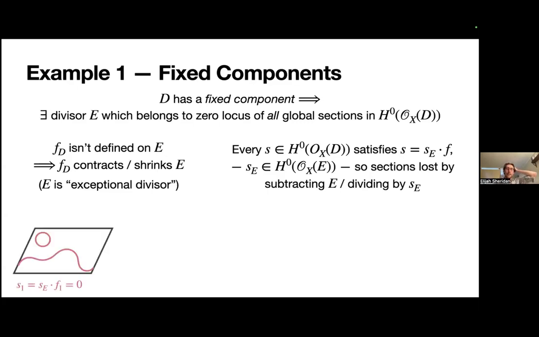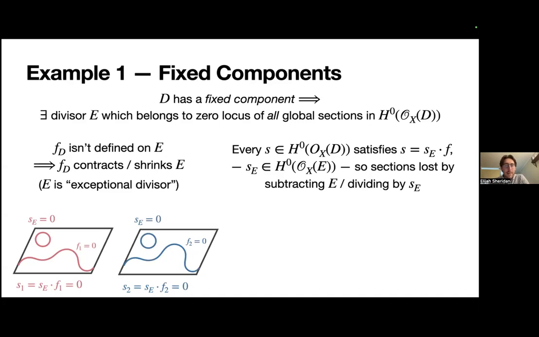So what I'm imagining here is taking some generic section of a line bundle, and if it has a fixed component, then it has this factorization structure, which means that you have some piece in the zero locus that corresponds to this overall factor vanishing, and some piece that corresponds to the remaining part vanishing. And as I vary the section in the line bundle associated to D, maybe I slightly change what the second factor looks like.